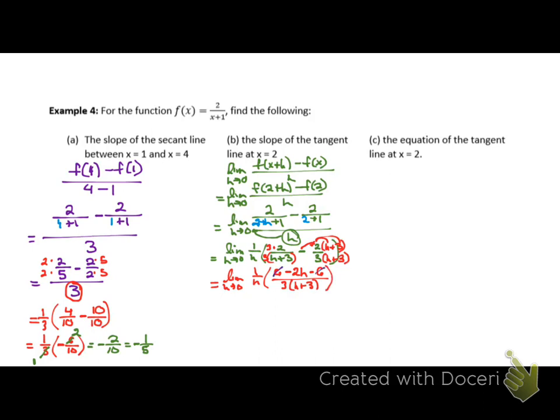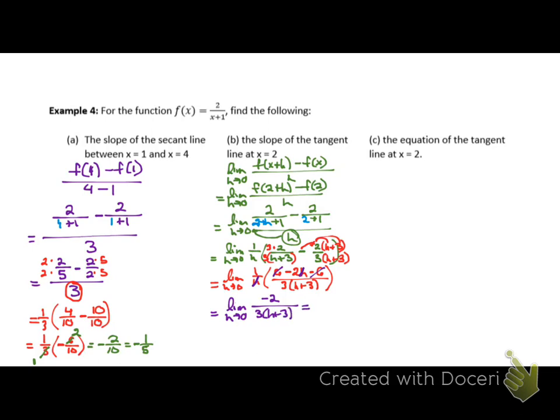So 6 minus 6 goes away. That leaves negative 2h on top. This h will actually cancel this h. So we end up with the limit as h approaches 0 of negative 2 over 3 times h plus 3.